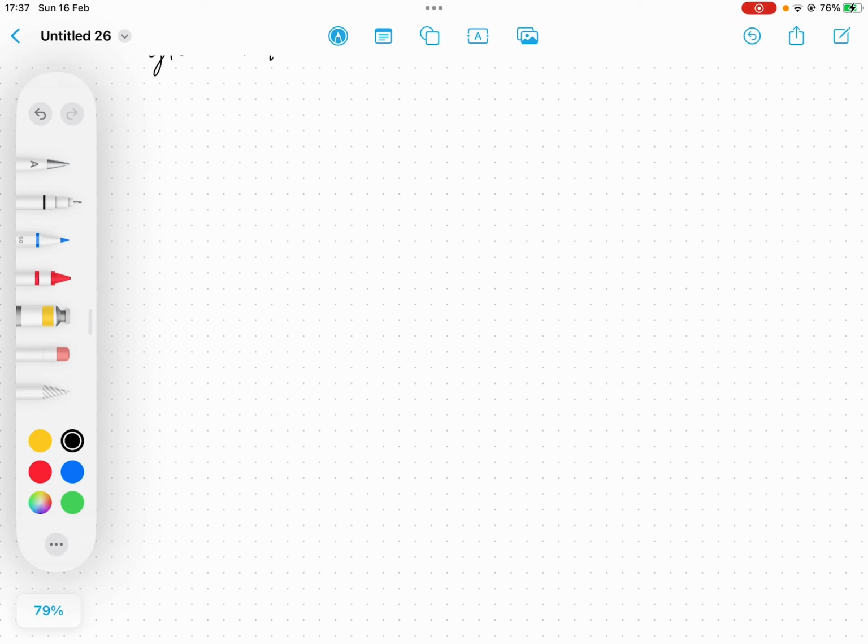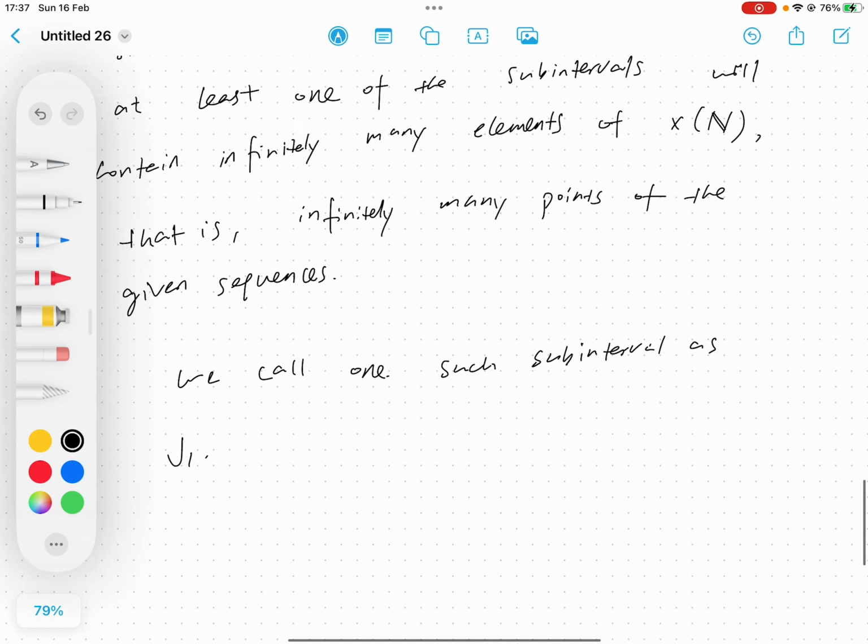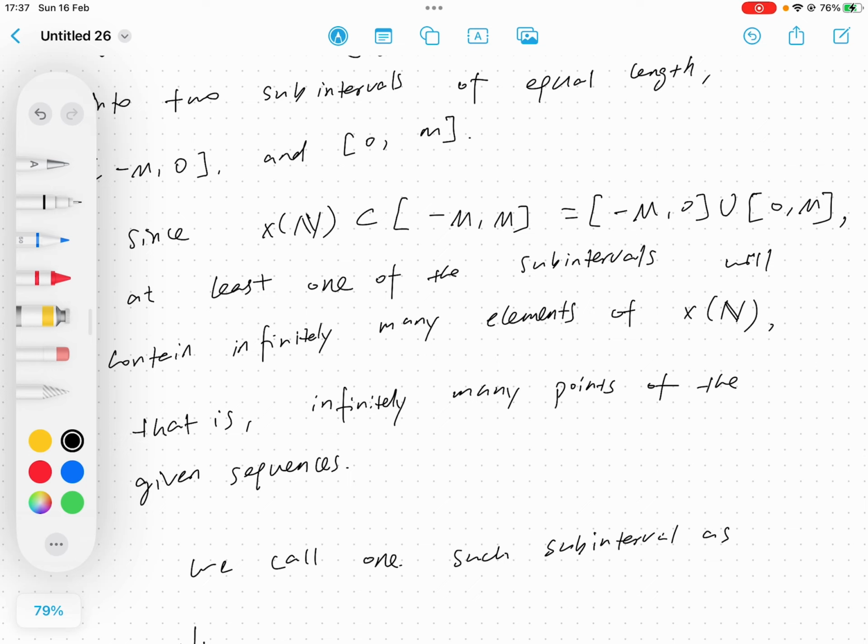Then we can work on those divided intervals, right? So we call one such subinterval some J1. Okay, let's work on this J1. That has to be the one that contains infinitely many of the elements, as we mentioned.